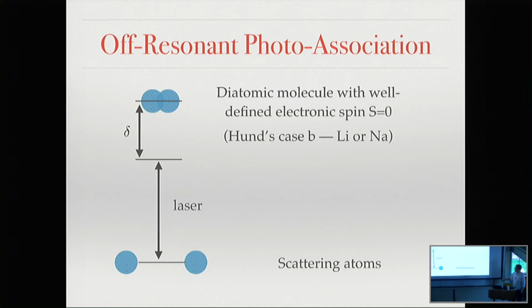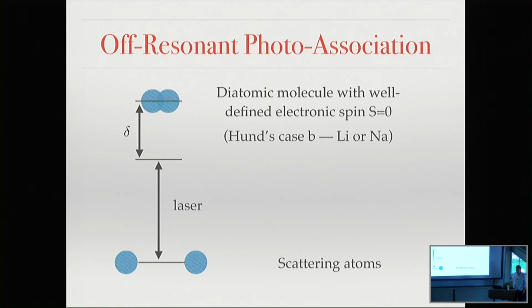Imagine we have our two scattering atoms inside one well of this optical lattice, and there's some molecular state. If we shine an off-resonant photoassociation light, that's going to shift this level a little bit. And if you can make it so that only certain quantum numbers of these scattering atoms have this coupling, you're going to shift the state with those quantum numbers.